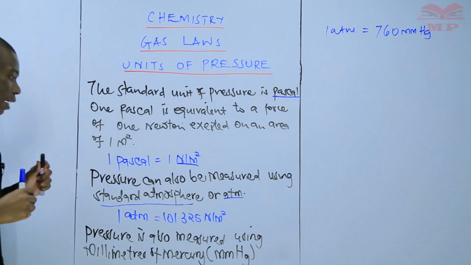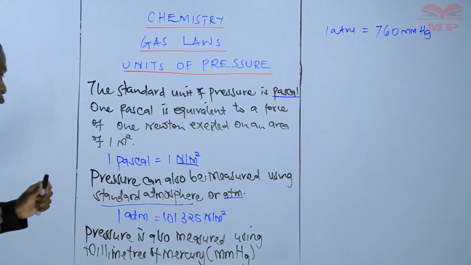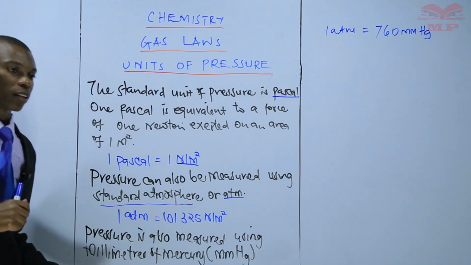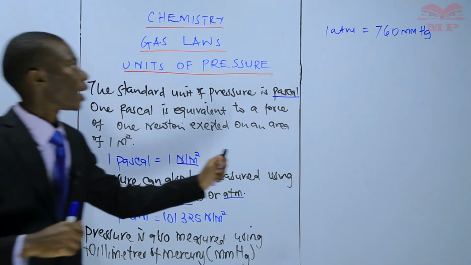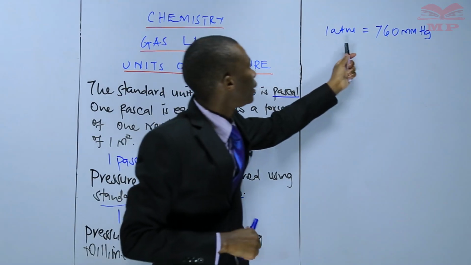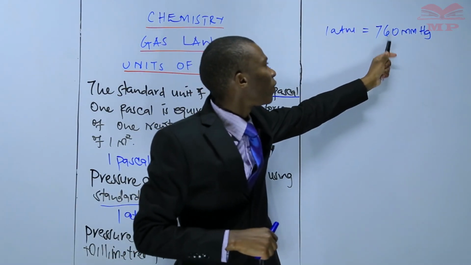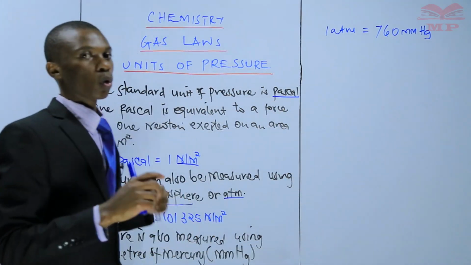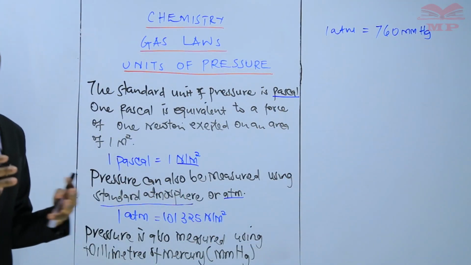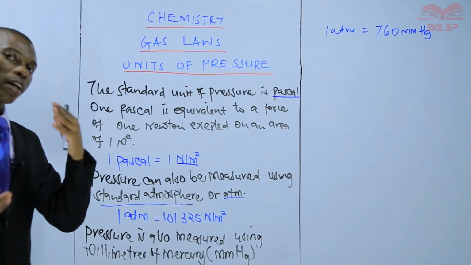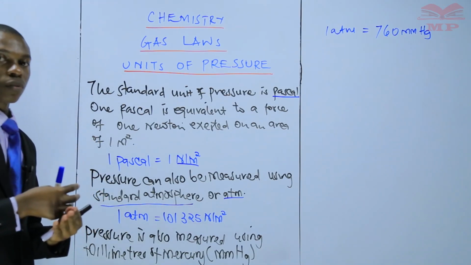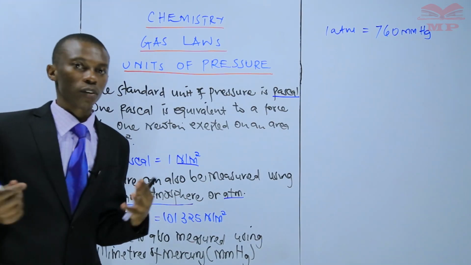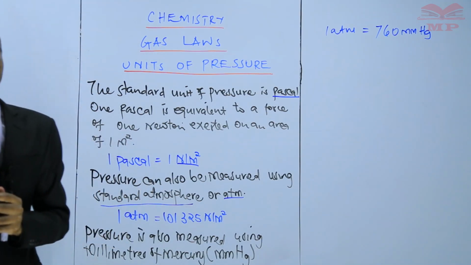And lastly, pressure is also measured using millimeters of mercury, where 1 atmosphere is equivalent to 760 millimeters of mercury. So always understand those relationships, because sometimes you'll be required to convert either millimeters of mercury to atmospheres, or atmospheres to millimeters of mercury.